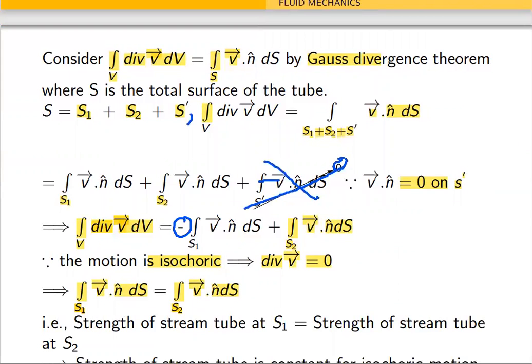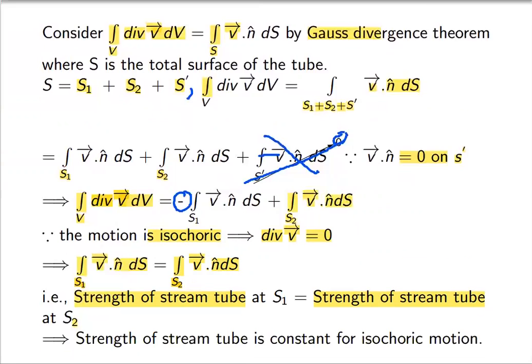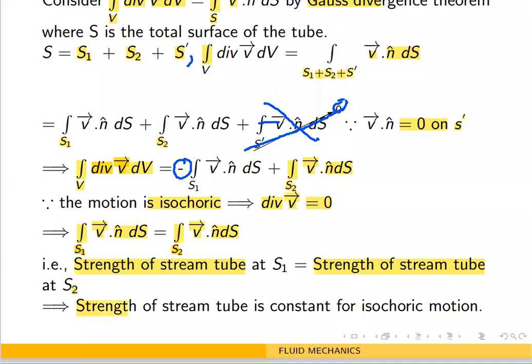So flux of velocity means the strength of the stream tube at S1 is equal to the strength of the stream tube at S2. Whatever is in the beginning is the same in the end. Therefore, the strength of the stream tube is constant for an isochoric motion.